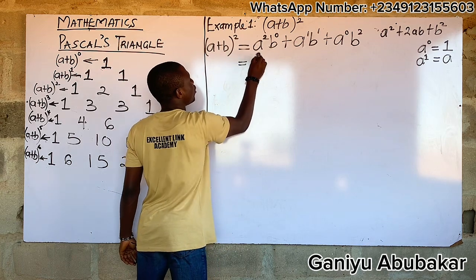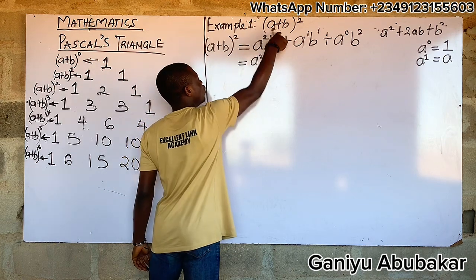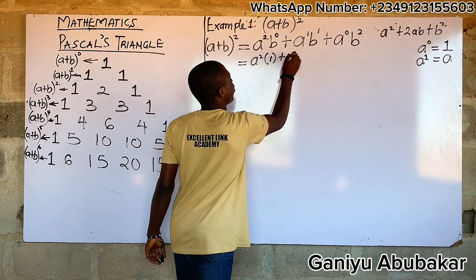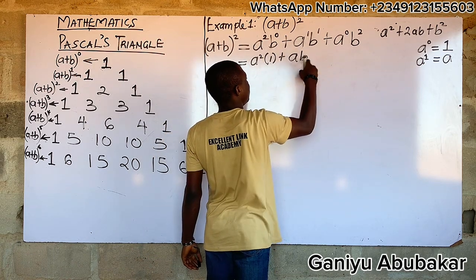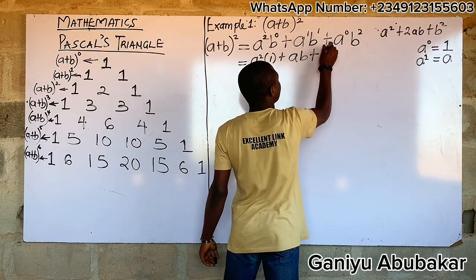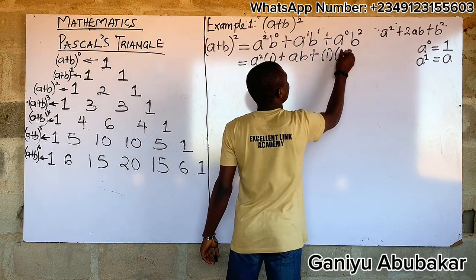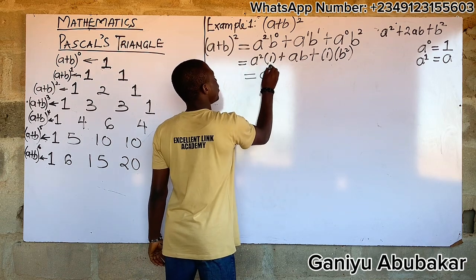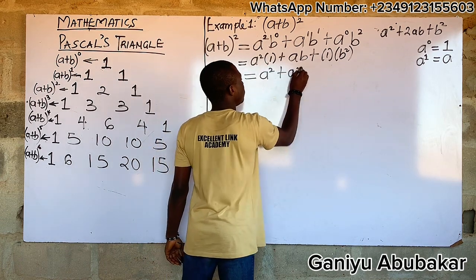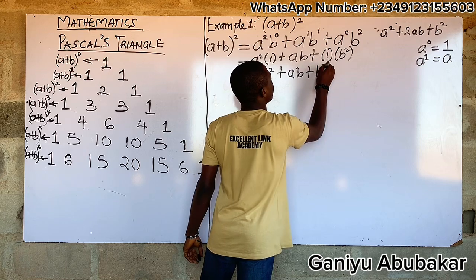I'll have a squared times b to the power 0, which is 1, plus ab, since b to the power 1 is b, plus a to the power 0, which is 1, times b squared. Expanding through, this gives a squared plus ab plus b squared.